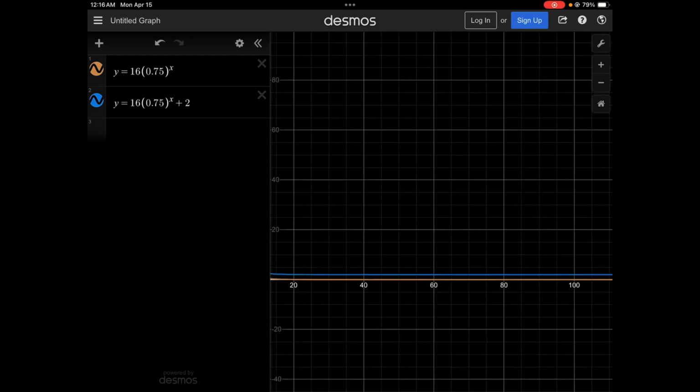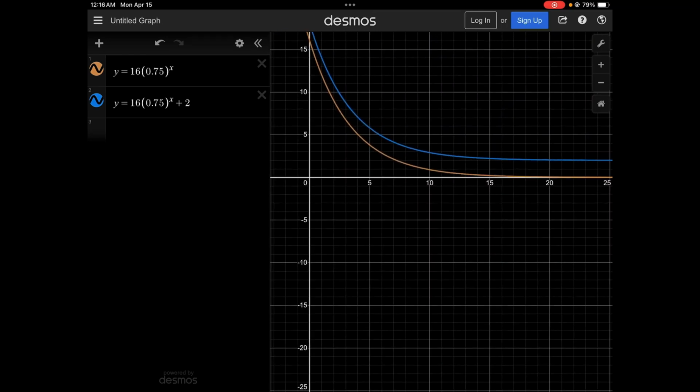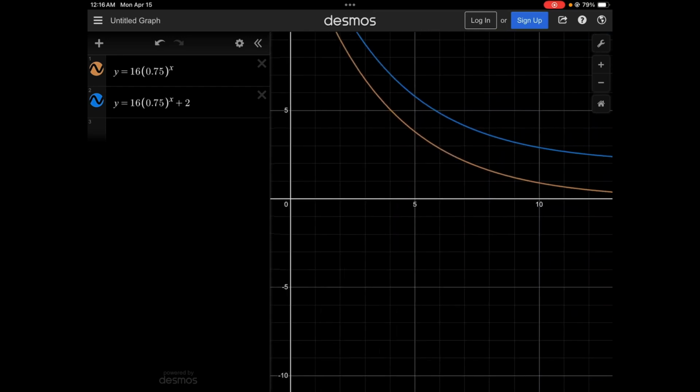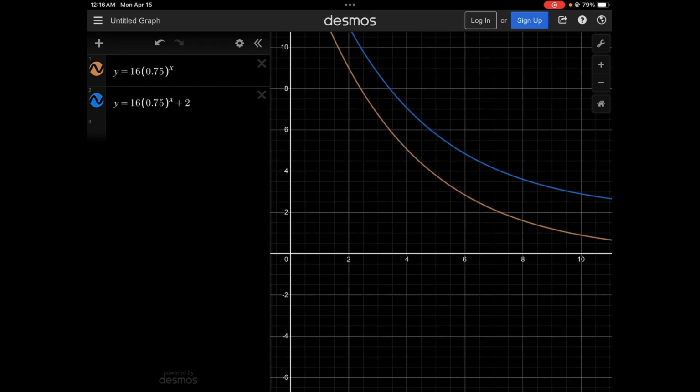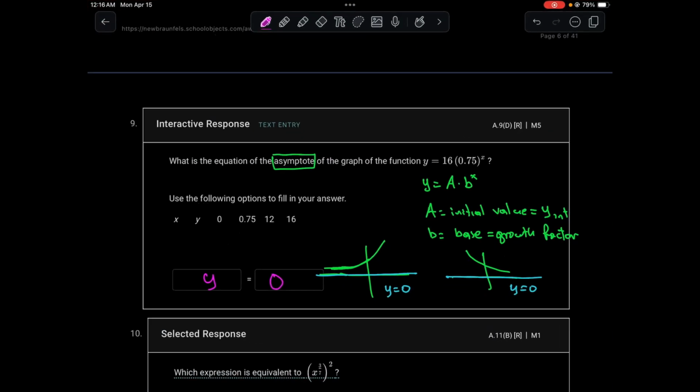You see that it has gone up, and if you follow that line, it should go through 2. That would be the new asymptote. Okay, now let's go to the next one.